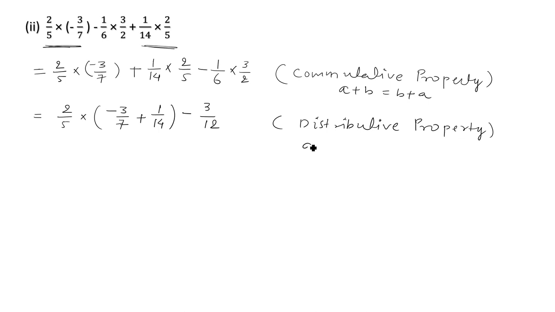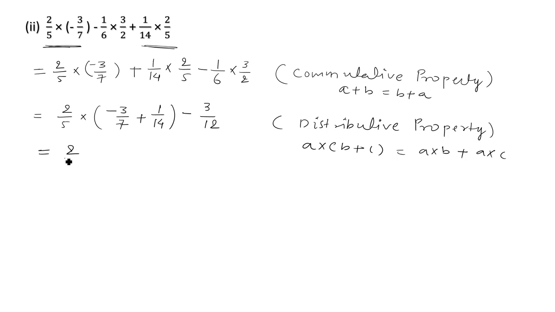That is A into bracket B plus C, that is A into B plus A into C. So from here we take A as common, so the remaining is B plus C. Similarly here we take 2 upon 5 common, so the remaining is minus 3 upon 7 plus 1 upon 14.